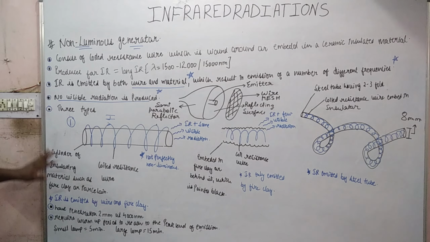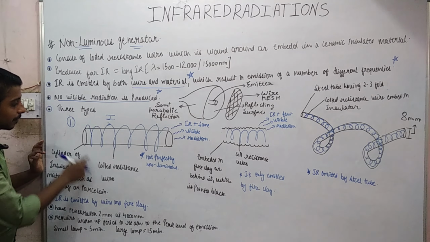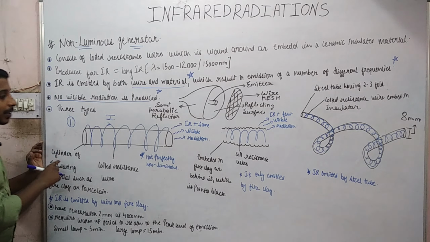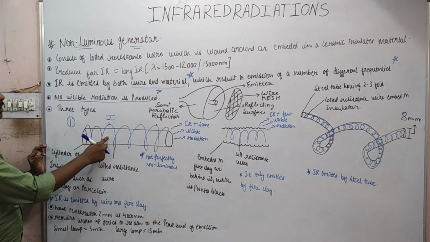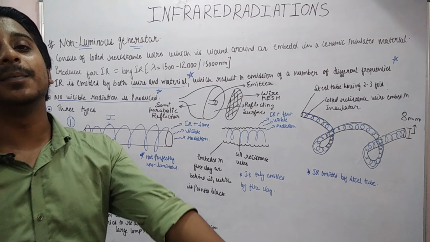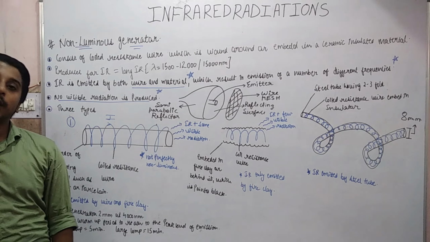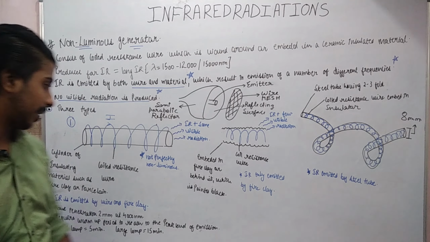So this is about the first type. I hope you are clear with it. Wire, that is coil resistance wire, and this is the insulating cylinder. Current passes, this is heated, then this is heated due to conduction. IR is emitted, but visible rays are also emitted, which proves that it is not a perfectly non-luminous generator.